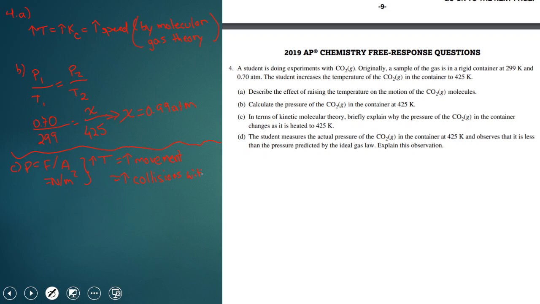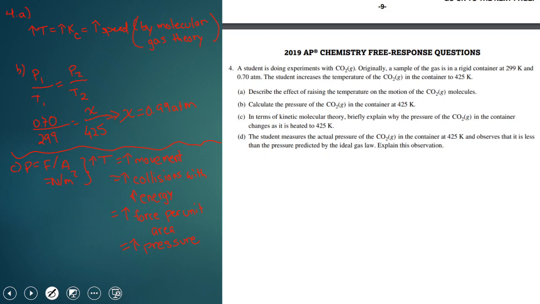And these collisions occur with increased energy, which is increased amount of force per unit area, depending on what you define that to be, and thus it's an increase in the pressure. Just a lot of logical connected statements.